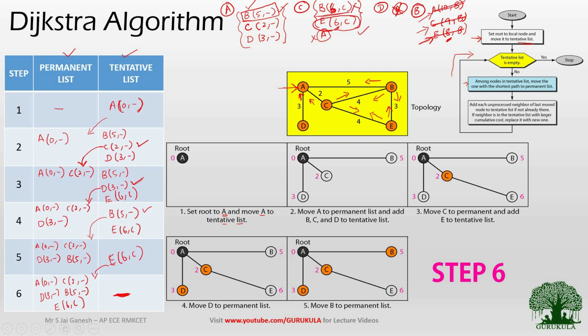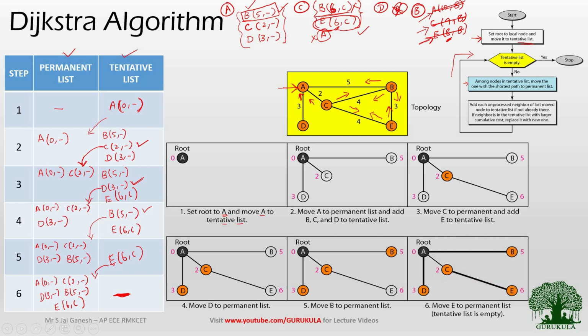Now at this point, we could see that the tentative list is becoming empty, so we can happily stop the algorithm since the tentative list is empty. And this is what we call the shortest path tree.